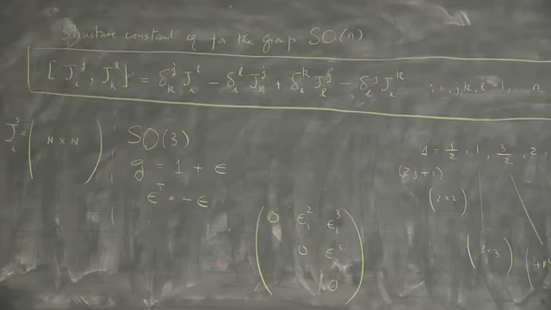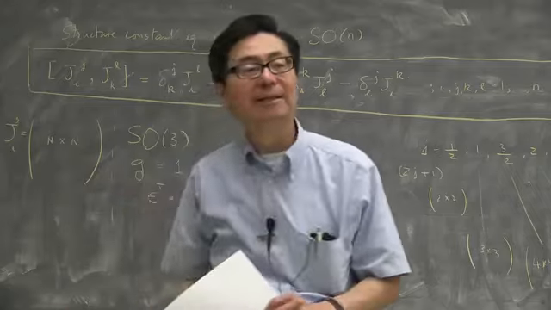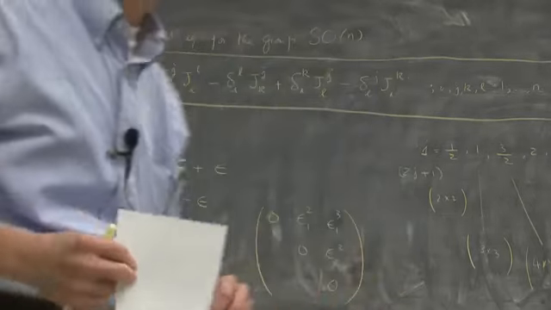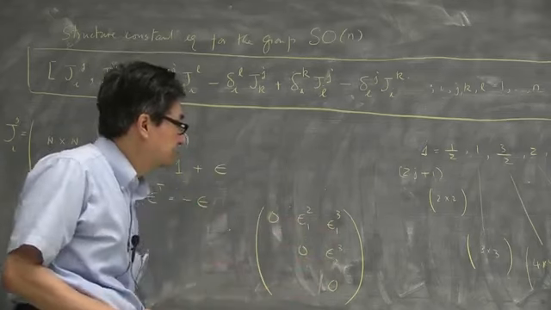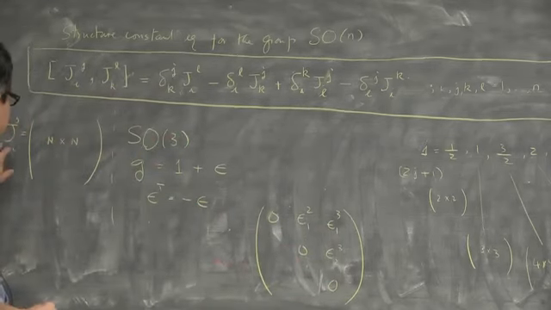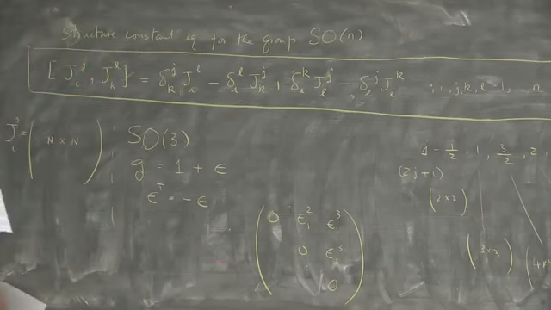So you can have a 2 by 2 representation, a 3 by 3 representation, a 4 by 4 representation, a 5 by 5 representation, and in general an n by n representation. And for each of the independent epsilon_ij's, you have an independent J_ij. So for the case SO(3), how many independent J_ij's are there?